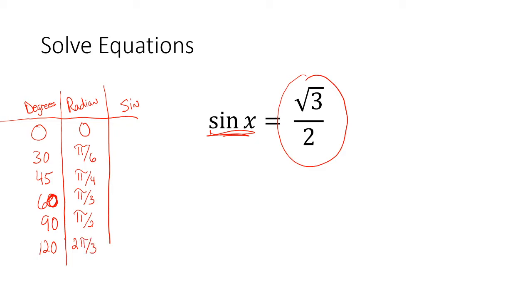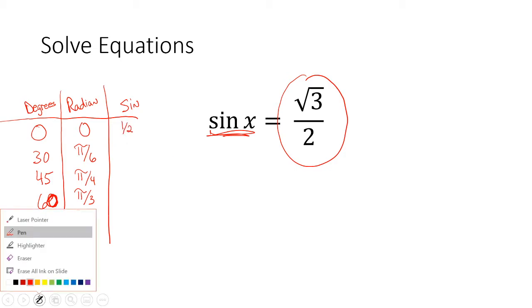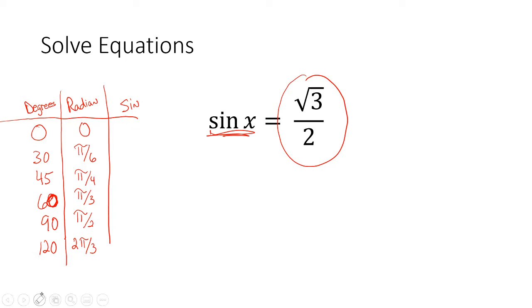Trig chart keeps going. Going down the sine column, we have 0, 1/2, root 2 over 2, root 3 over 2, 1, root 3 over 2, and it keeps going and going.